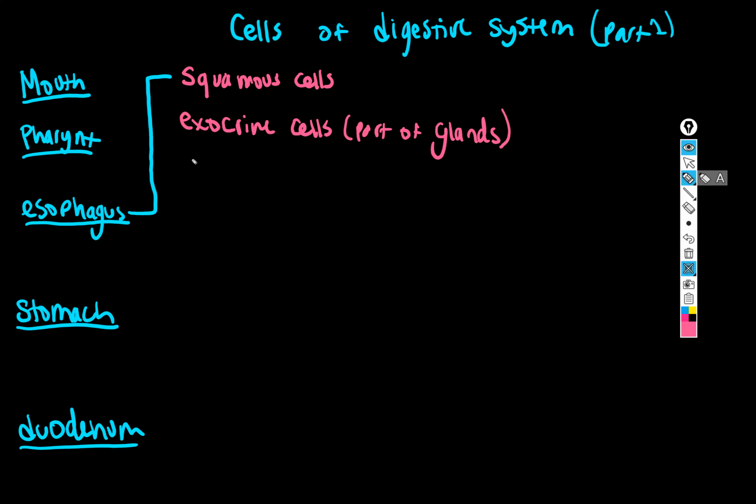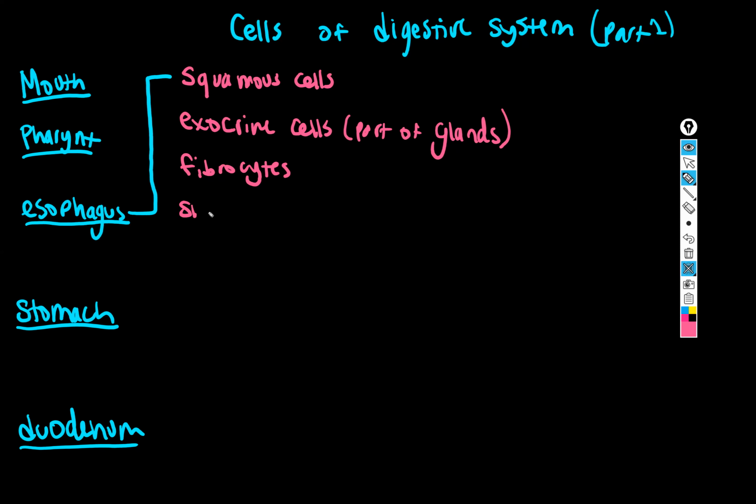And then we've also got fibrocytes that are going to be producing the collagen that's in the submucosa of the esophagus. And as well, fibrocytes that are going to be secreting collagen that is part of the adventitia, because the esophagus is stuck to various other structures nearby and stuck to the body wall using dense irregular connective tissue, which is made by fibrocytes.